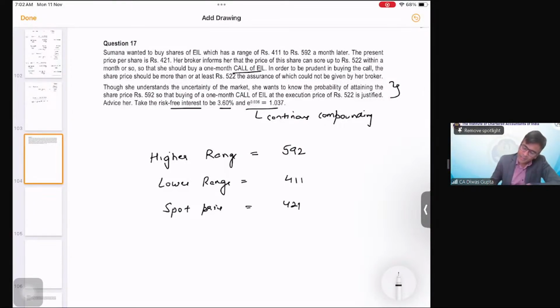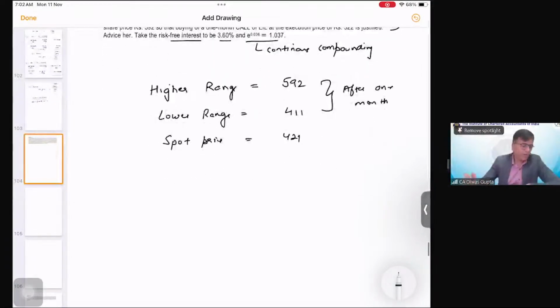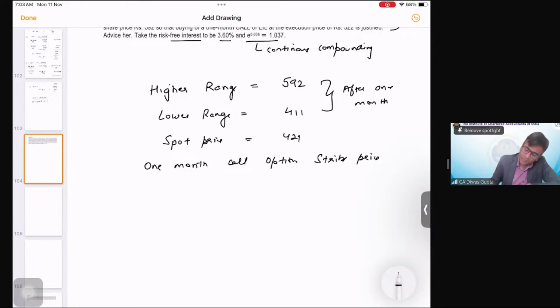So this is the expectation after 1 month. After 1 month, it is expected that it might go up or it might go down. So we are talking about a 1 month call option with a strike price of 522.